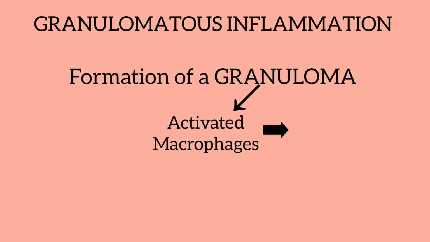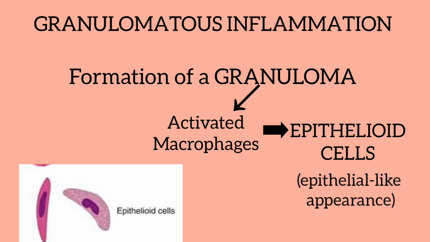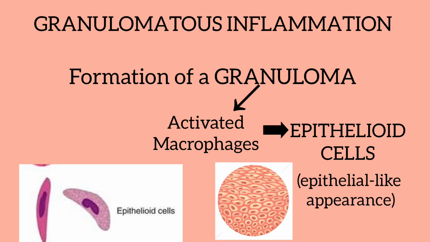Now let's talk about the second type of chronic inflammation, the granulomatous inflammation. This type of chronic inflammation, the granulomatous chronic inflammation, is characterized by the formation of a granuloma. And this granuloma is formed by the accumulation of activated macrophages known as epithelioid cells. They are called epithelioid cells because they have epithelial-like appearance.